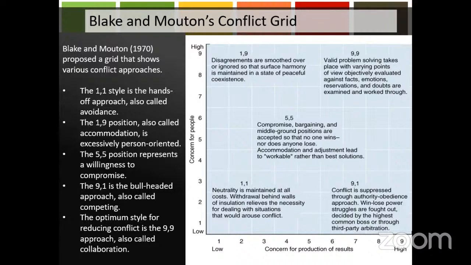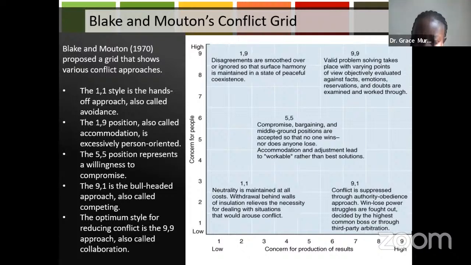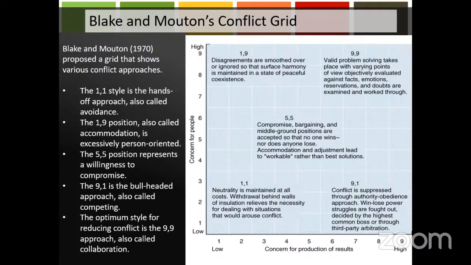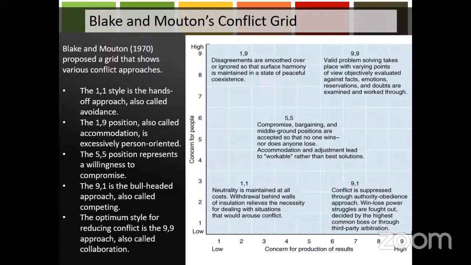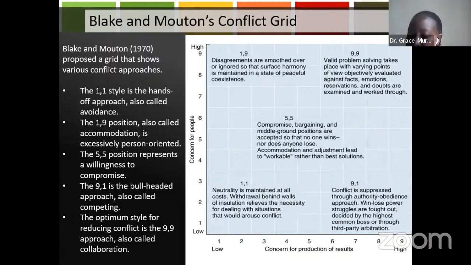Yeah, can I comment? I see that as a map onto which you can identify organizations. Based on what they do, you can even do a self-analysis of your organization and see where you fit. Are you an organization that focuses on people and also on production, and to what extent?